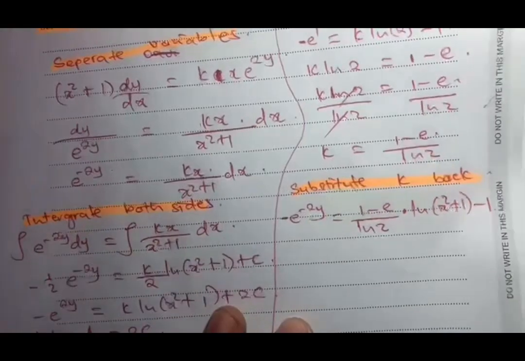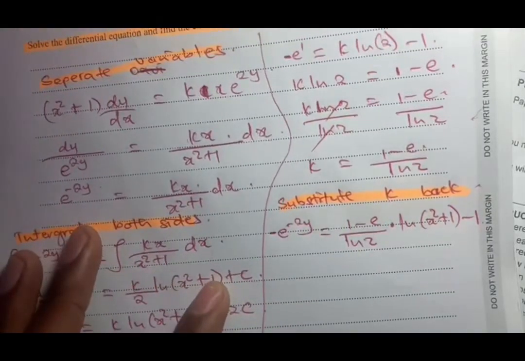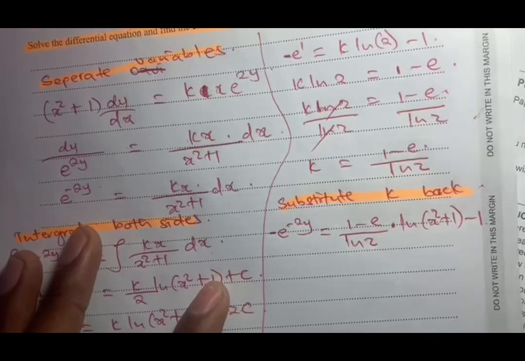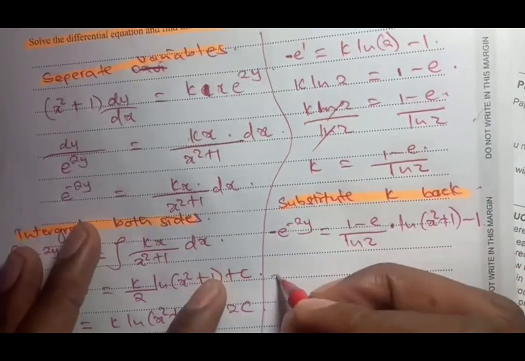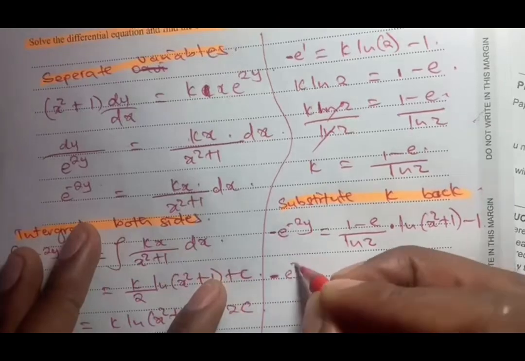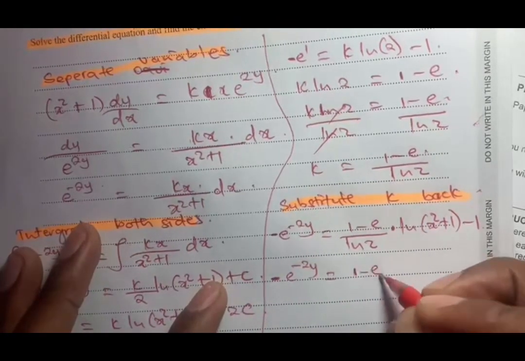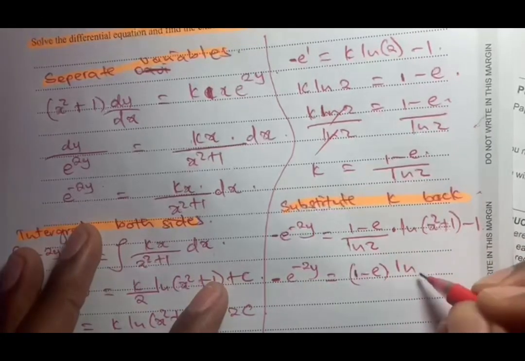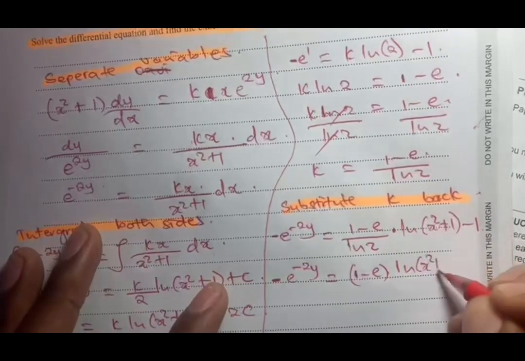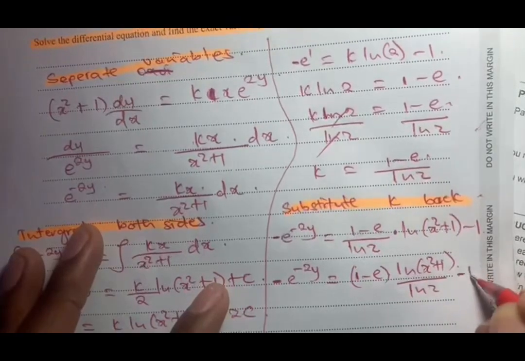Solving that, I will get minus e of minus 2y is equivalent to 1 minus e, then ln(x² + 1) over ln t minus 1.